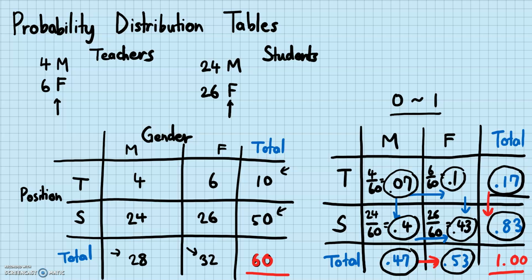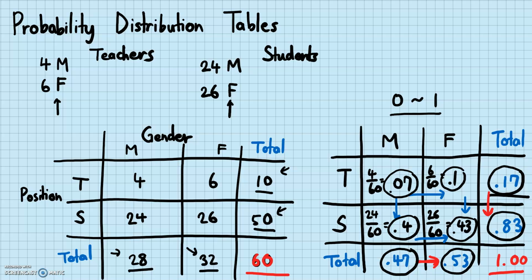Okay, so we get a different kind of information from when we have the frequency distribution table. For frequency distribution table, we know the exact number of each of these. But for the probability distribution table, we know the percentage or the probability of each of those.